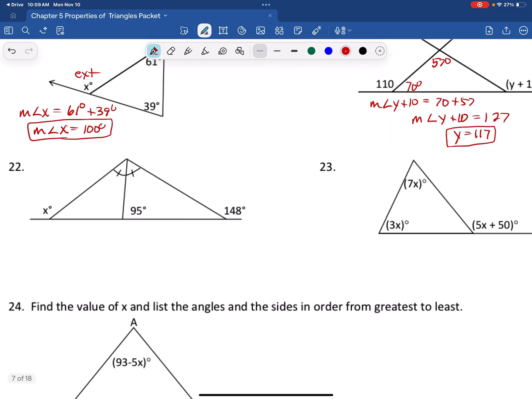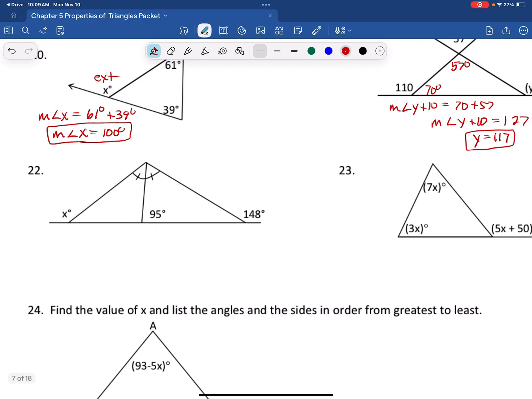All right, so now let's go ahead and try to find the measure of angle x. That's our exterior angle. So using our linear pair rules, I know that this has got to be 32 degrees because that adds up to 180.